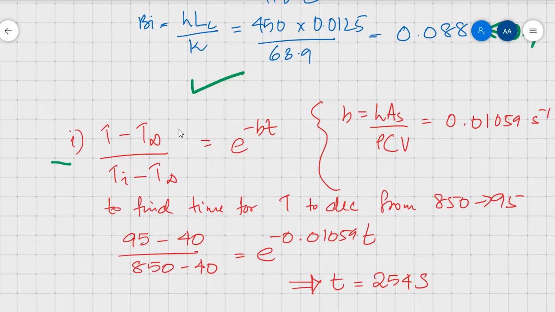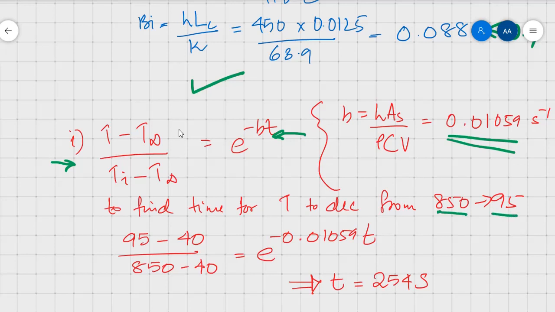Using the equation from the lumped system analysis, you have this equation where B is calculated as hAs divided by rho CV. Now that has been calculated for you as 0.01059 second to the power minus 1. You're asked to find out what is the time taken by the steel rod to be cooled from 850 to 95 degrees Celsius in the water bath.